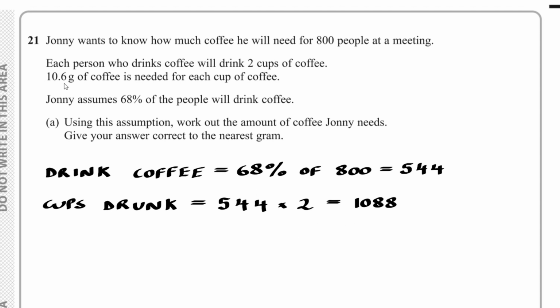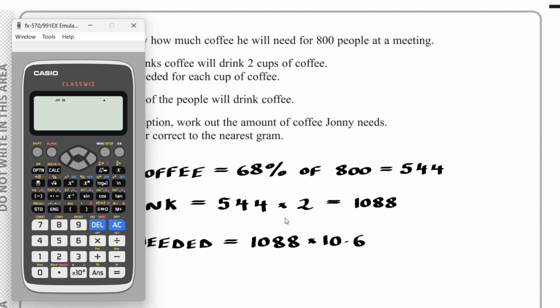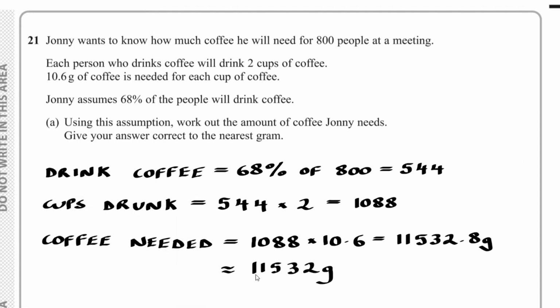In each cup we have 10.6 grams of coffee, so the coffee needed will be 1088 times 10.6. If I work this out, I get 11,532.8 grams. So we have 11,532 grams.